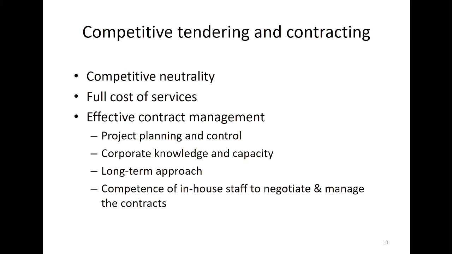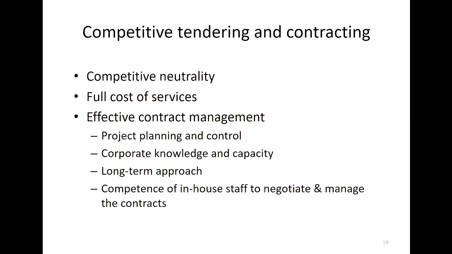Okay, so there is a need to consider how to maintain the corporate knowledge and capacity when services are outsourced. A long-term approach, and again, outsourcing normally focuses on short-term cost savings, right? And so the government department actually has to consider the long-term effects, right?